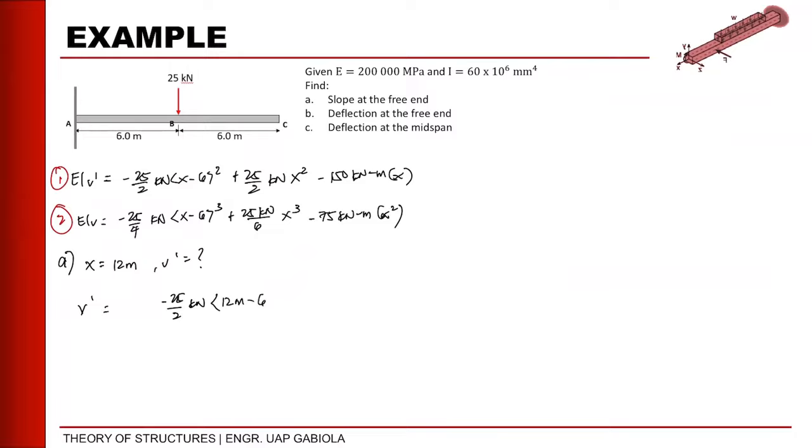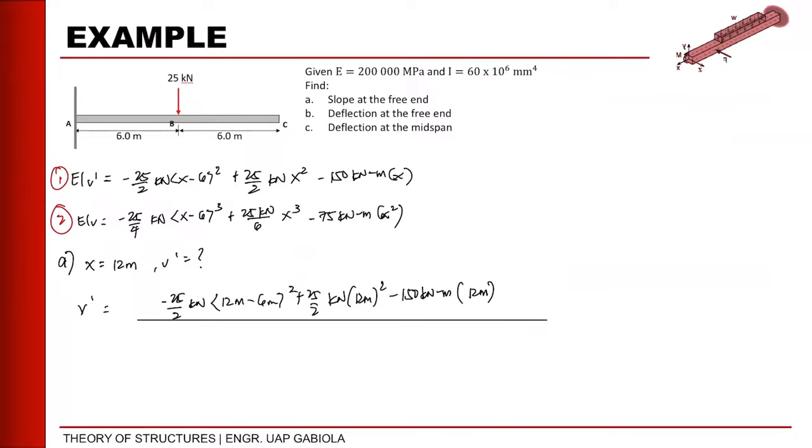So yung 6 na yun, 6 meters, syempre, no? Squared plus 25 over 2 kN, (12 meters) squared minus 150 kN·m times 12 meters. Okay? And then over, let me adjust this one.